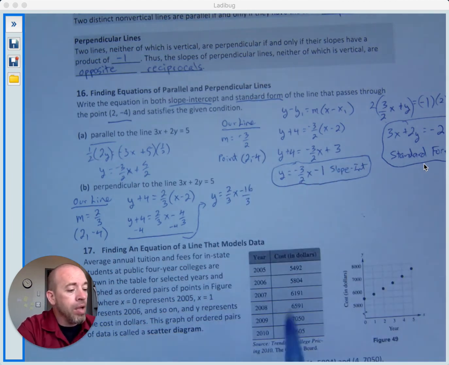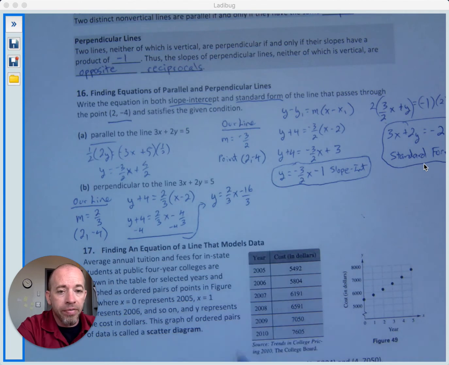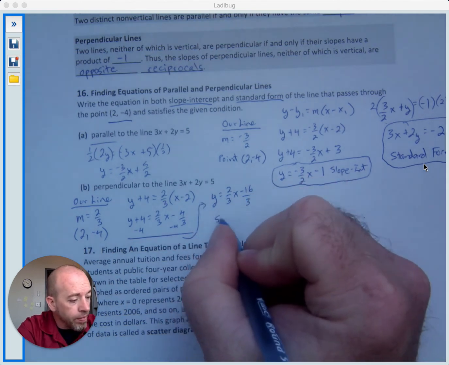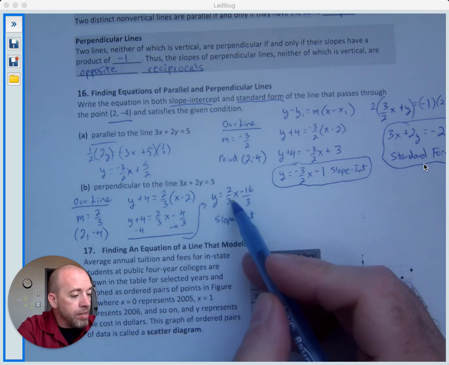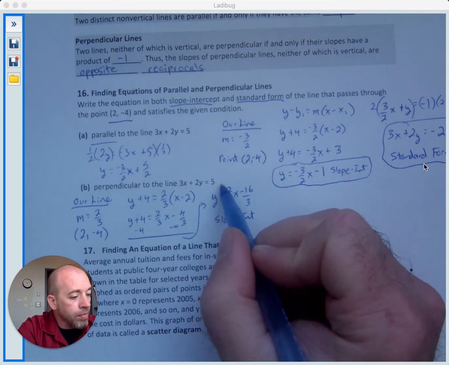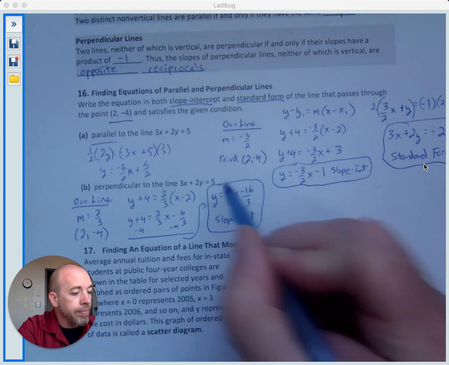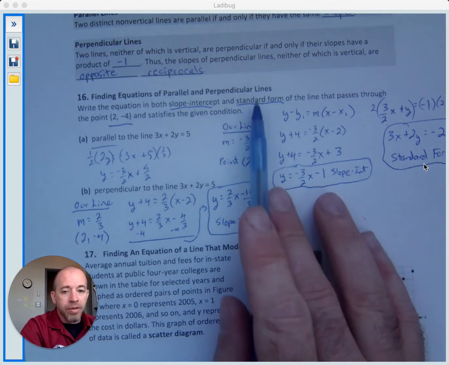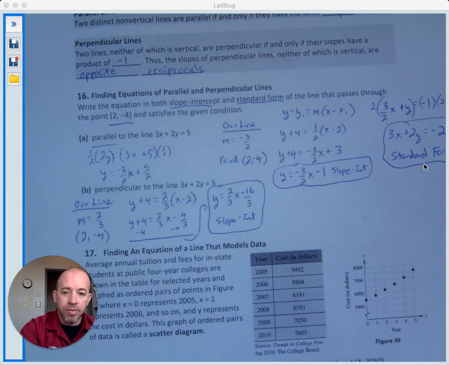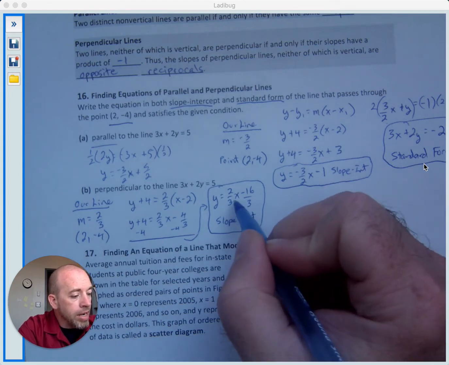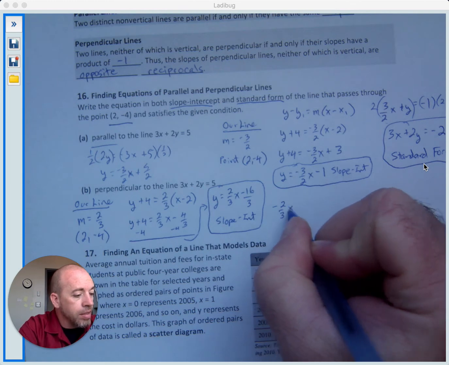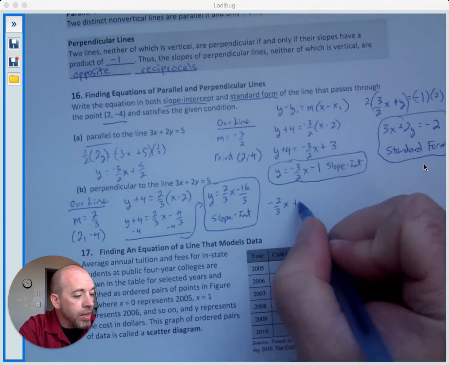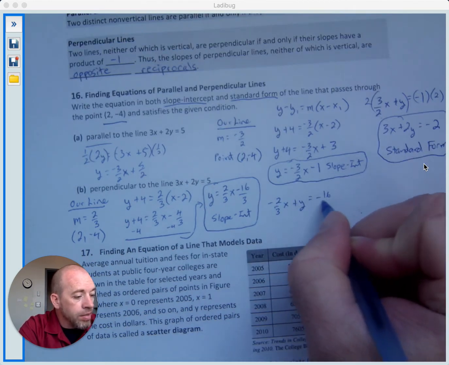Alright, so now this is our slope-intercept form. It's y equals mx plus b, right? So that's slope-intercept. We're also asked to find standard form though. So we've got to move all the x's and y's to one side. Subtract the 2/3 x, that would give me -2/3 x plus y equals -16/3.